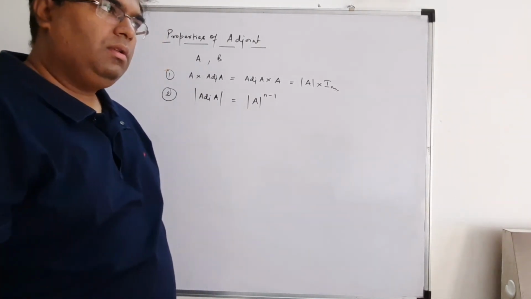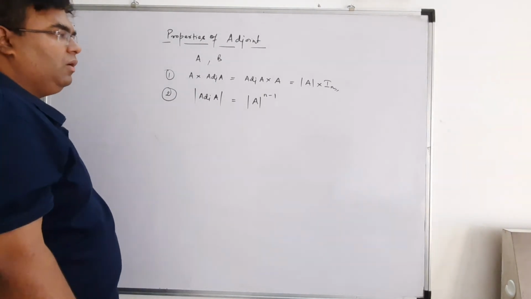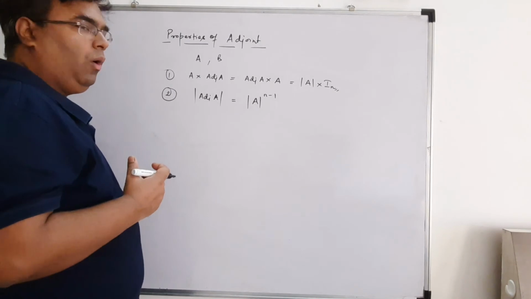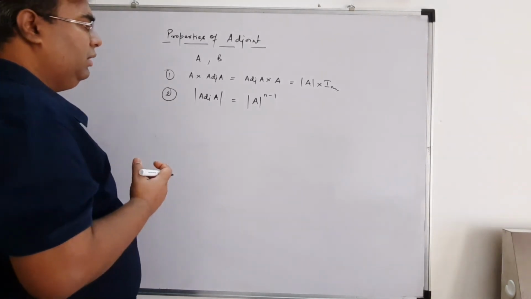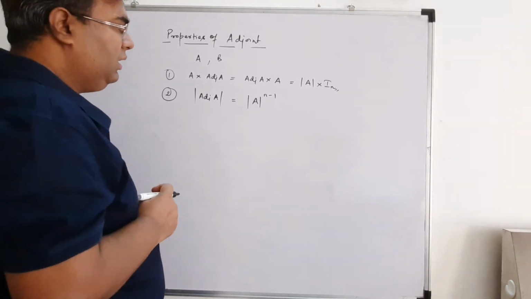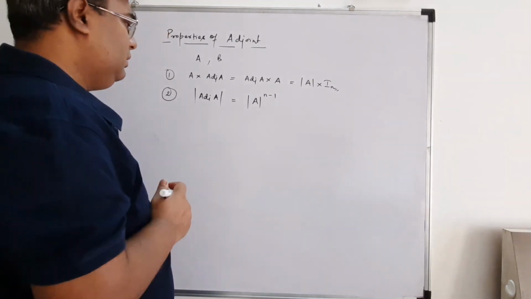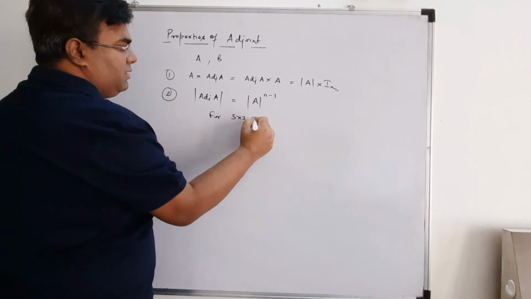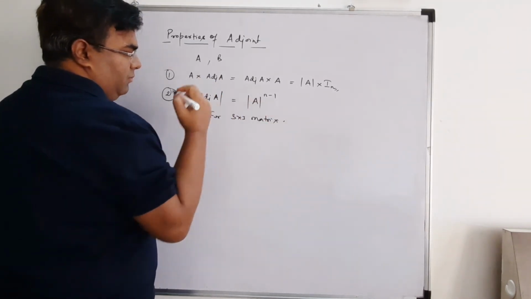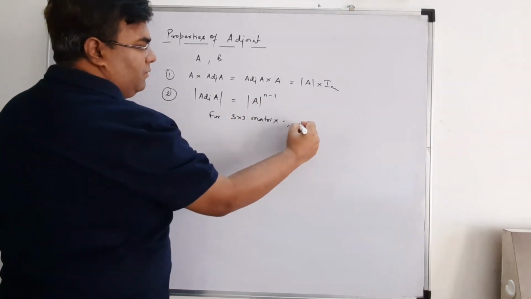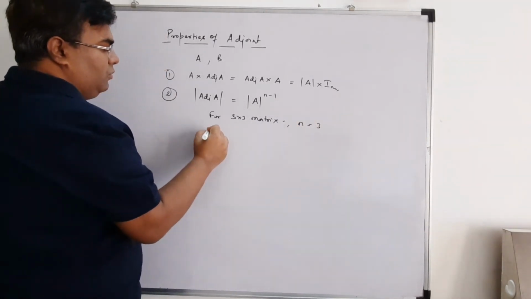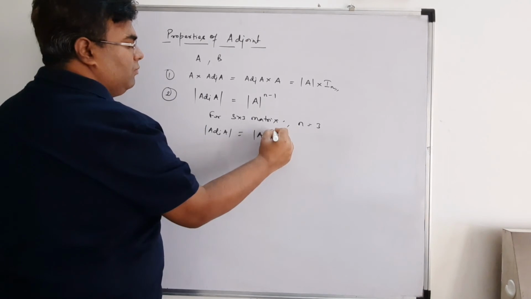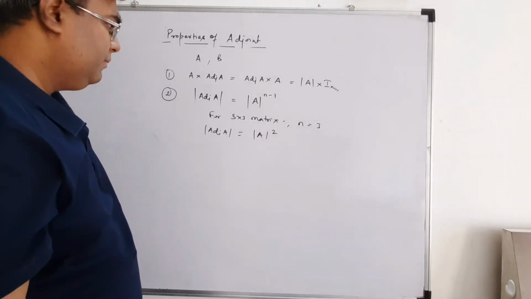Mod A is basically the value of the matrix A, or you can say determinant A. What is my n? n is the order of the square matrix A. If the order is 3 by 3, then for a 3 by 3 matrix, my n is 3. So determinant of adjoint A is equal to mod A squared.